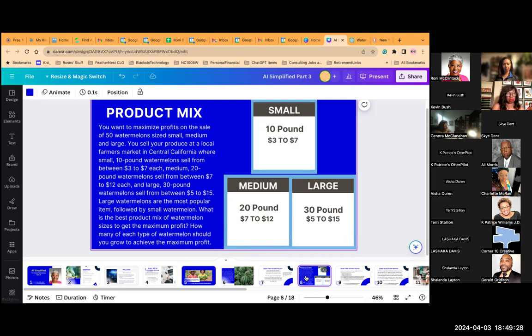And I used ChatGPT to find these prices in Central California, where our entrepreneur is located. 10-pound watermelons sell for between $3 and $7. A 20-pound, which would be a medium size, sells between $7 and $12. And a large, which would be 30 pounds and up, sells between $5 and $15.